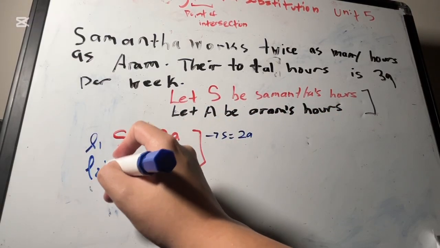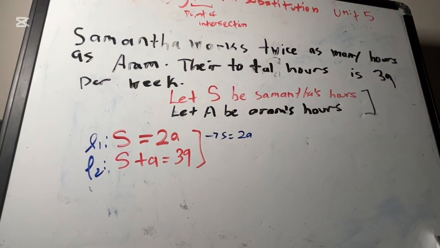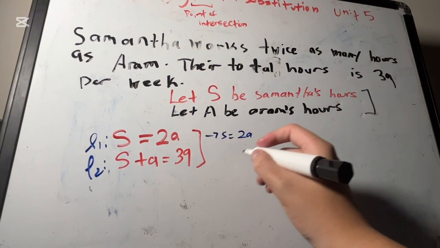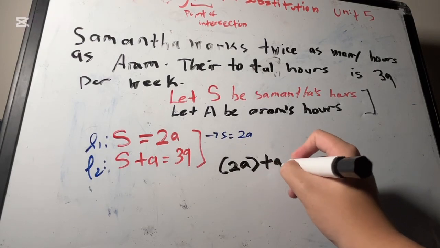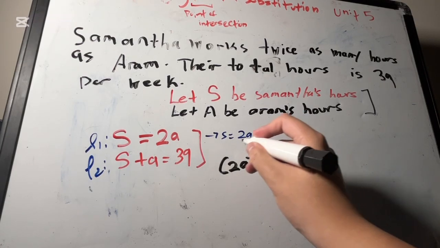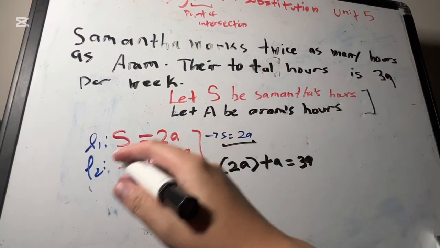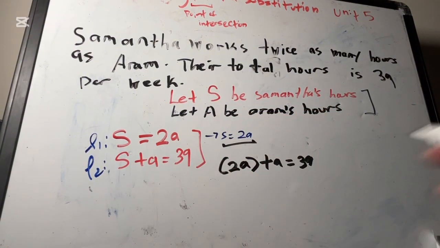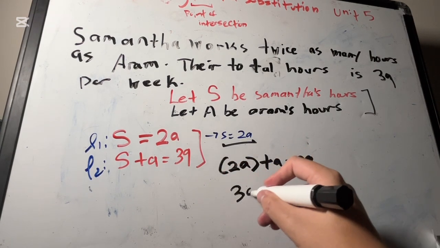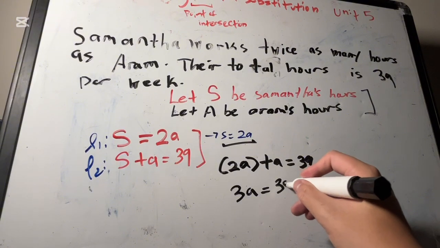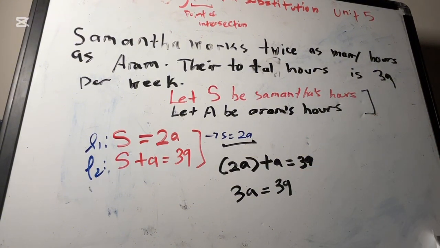So I'll quickly do this and switch colors. So as we know, S equals 2A, which means that 2A plus A equals 39. This is S plugged in because S equals 2A. So knowing this, we can quickly solve this. 3A equals 39, as you can see.